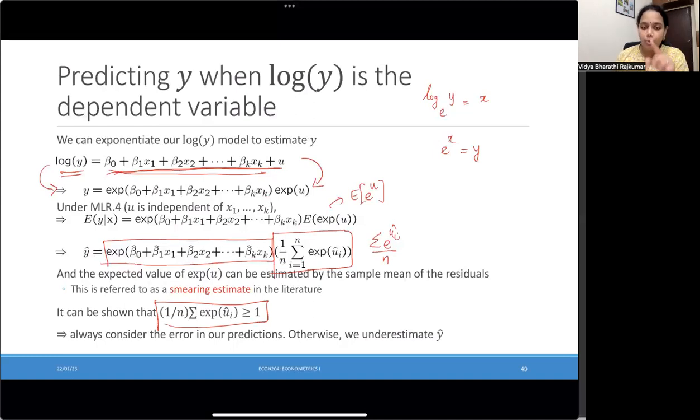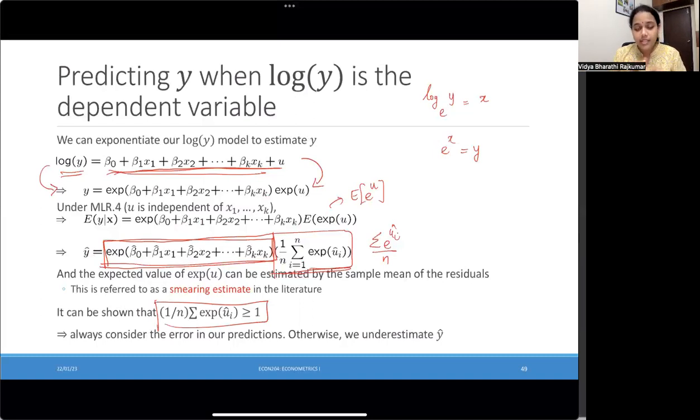If it is greater than 1, and you just take the prediction as the exponent of the predicted regression line and stop there, you will be underestimating y hat. You have to multiply by this particular estimate to get better predictions of y hat. This is something to remember when your dependent variable is in log terms.